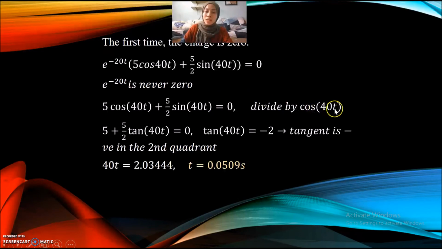We divide by cosine 40t, and to make it simple, we have 5 plus 5 over 2 tangent 40t equals 0, so tangent 40t equals negative 2. Tangent is negative in the second and fourth quadrant, but we take the second quadrant. So 40t equals 2.03444, and we have t equals 0.0509 second.